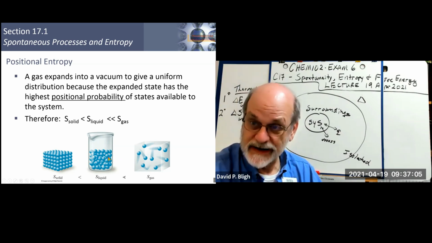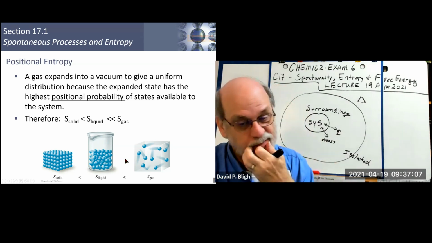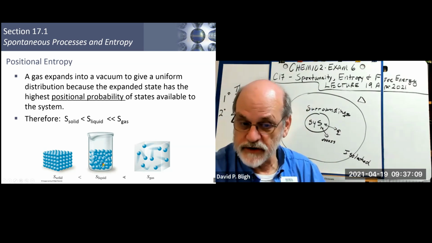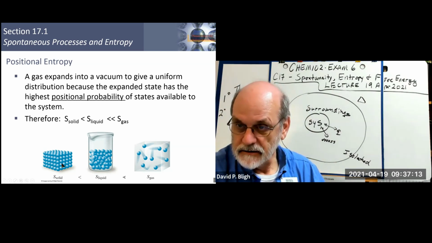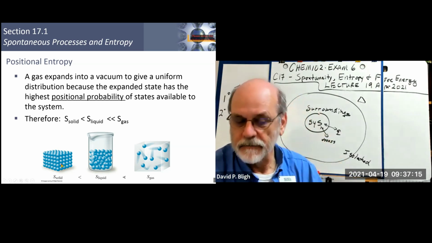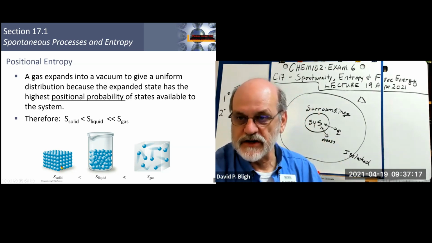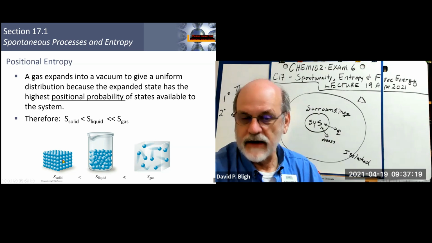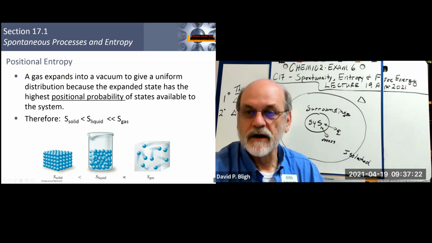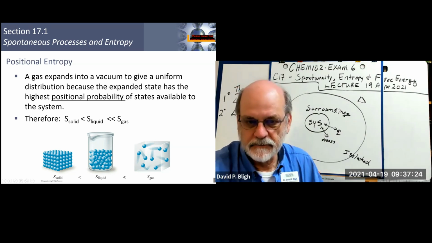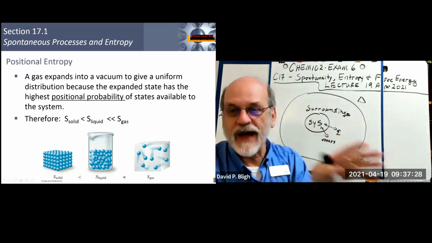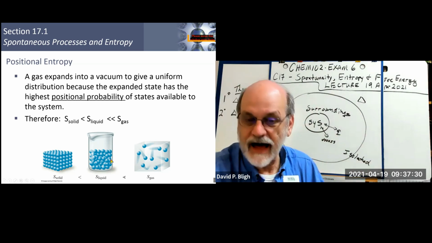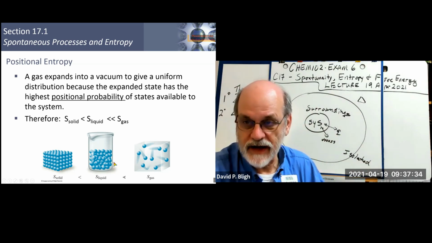So liquid would be less than that. But liquid would also be a bit more disordered than solid. Why? Because the solid atoms, in this case, are locked in their position. They don't have the opportunity to acquire more microstates as a liquid would. Liquid molecules or atoms can move past one another. Now, how did we get there? Well, to go from solid to liquid, we had to add energy.